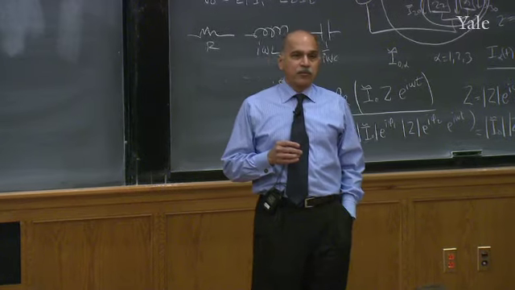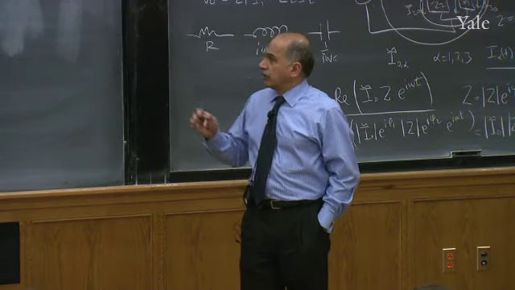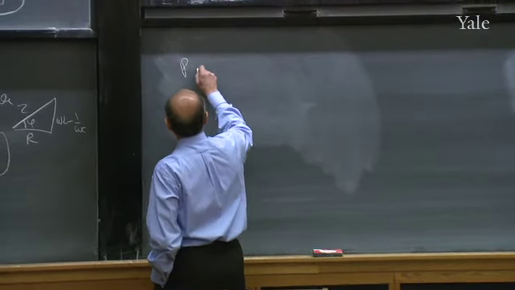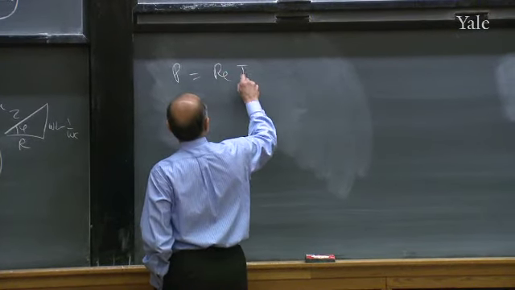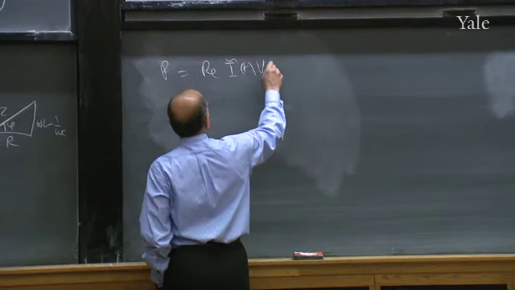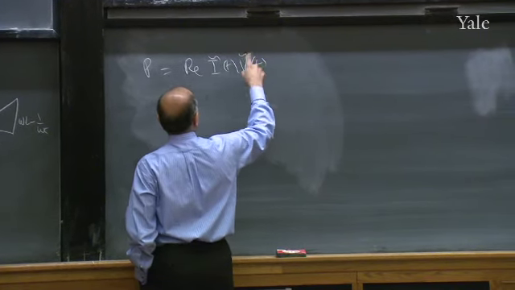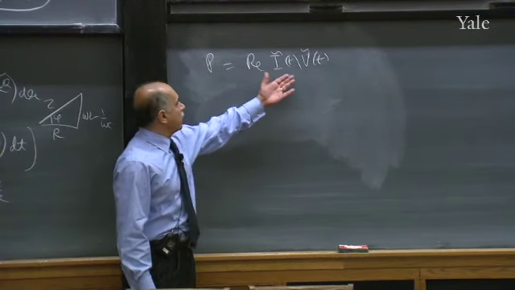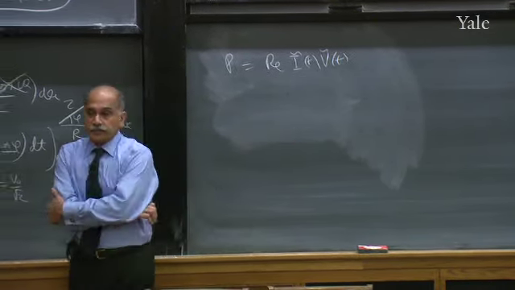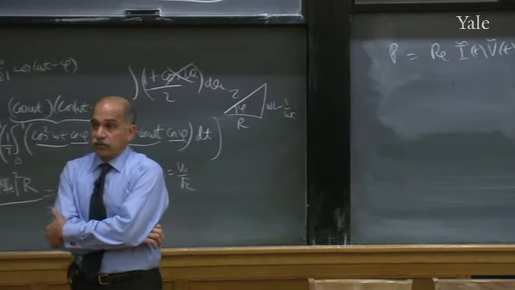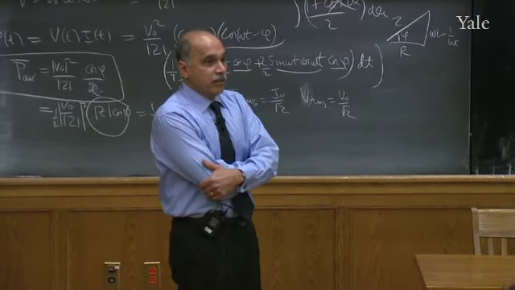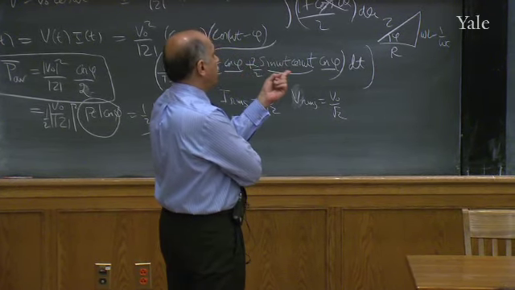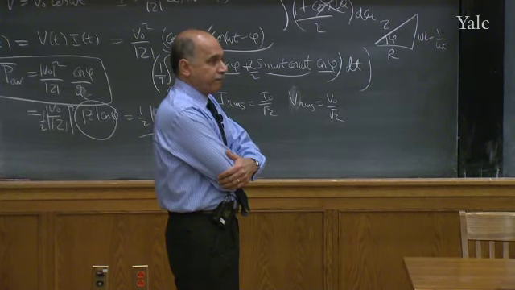Why is it that the power is not simply the real part of I twiddle times the real part of V twiddle, where V twiddle is the one with V naught e to the i omega t? Why is it that taking the real part of this doesn't work? Everywhere else, we took the real part of the current and got the right answer. Real part of the voltage, we got the right answer. But not when you take the real part of this.